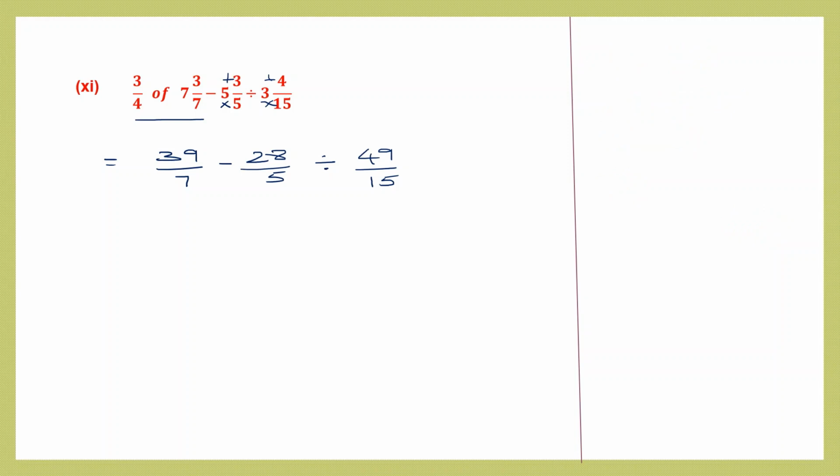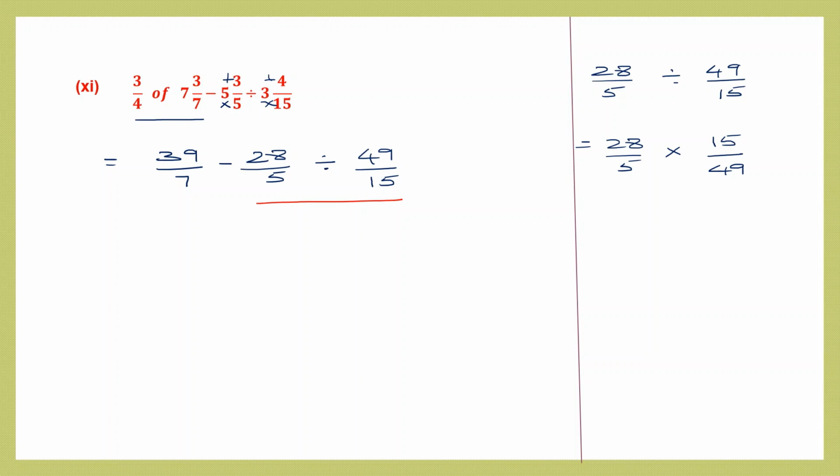So now we have subtraction and division. We need to do division now. So let's do division. So 28 by 5 divided by 49 by 15. This will be 28 by 5. Division changes to multiplication and this becomes 15 by 49.